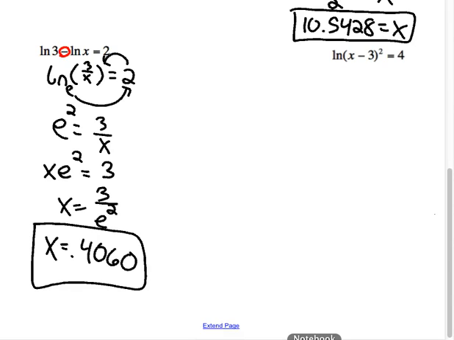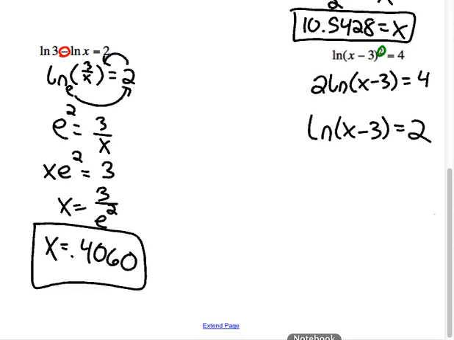All right, and this one, I see I have a power. So I'm going to want to bring that power out front. So 2 ln of x minus 3 equaling 4, because now I can simply divide by that power. Divide by 2 to give me 2. Now let's rearrange this. e to the 2 equals x minus 3.